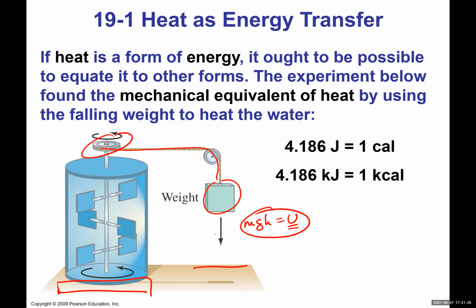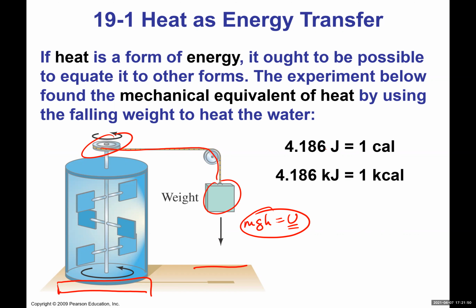The temperature of water increases, and exactly the same increase in temperature can be achieved by the whole process, right? So he was able to show that mechanical work is equivalent to heat energy.